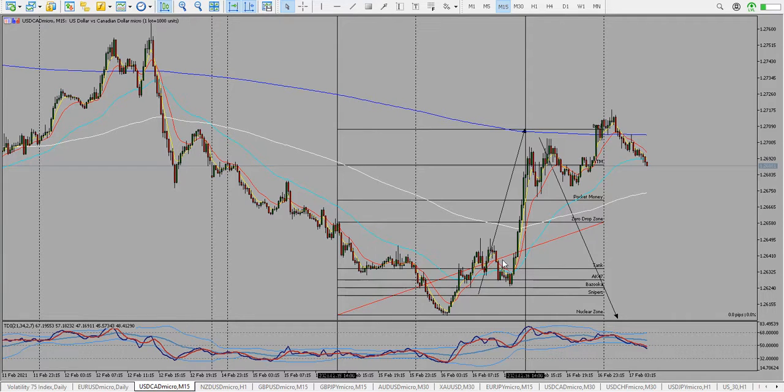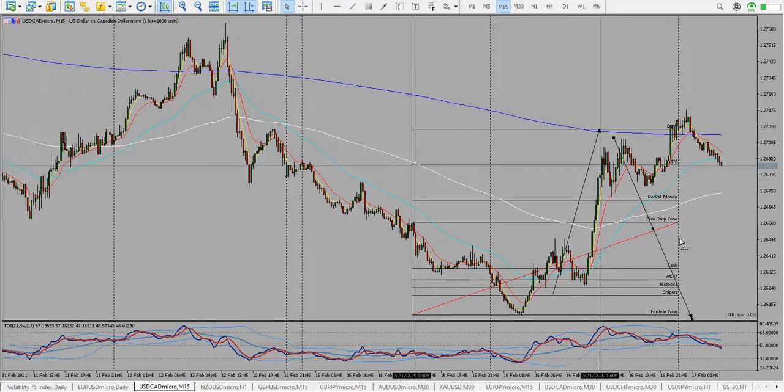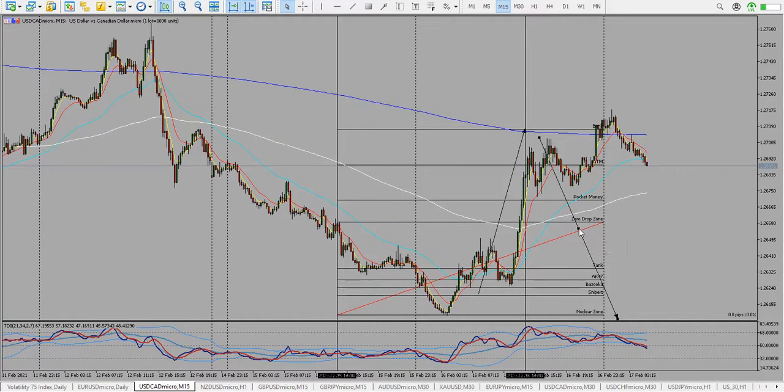Now I want to take you through this again, since I did this because I was expecting the spin move, and then we rise with the market. This is what I was expecting, and this arrow was meant for this move. Since we have completed this one, this is what I will do.